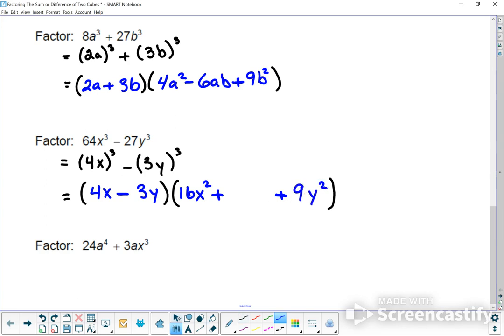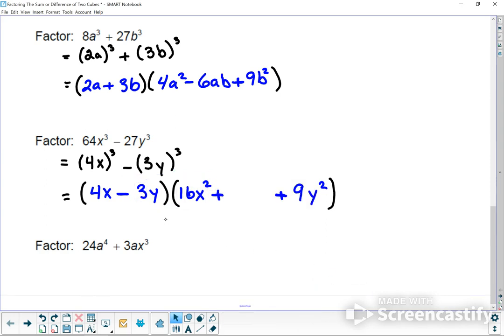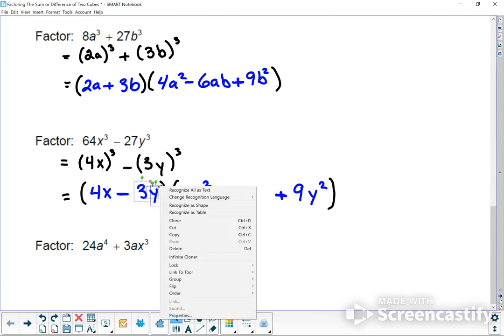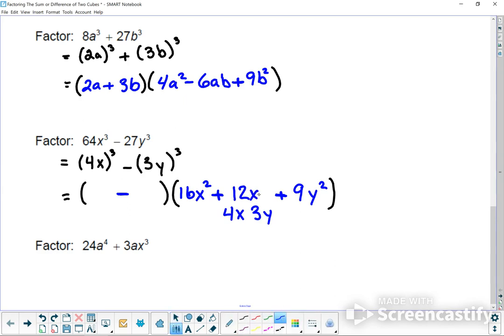And in the middle, you have 4x. So in the middle here, you should have 4x along with the 3y. Okay, in total, that makes 12xy. Okay, but 4x and 3y makes 12xy.